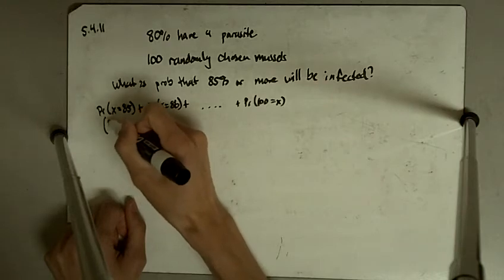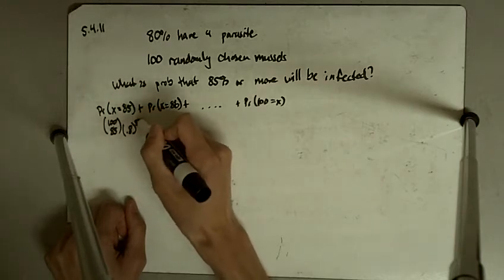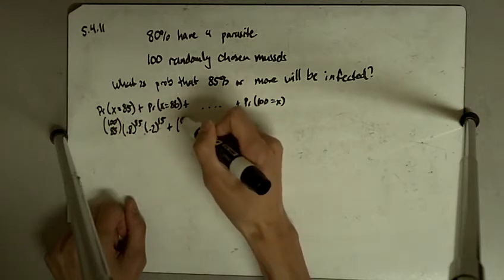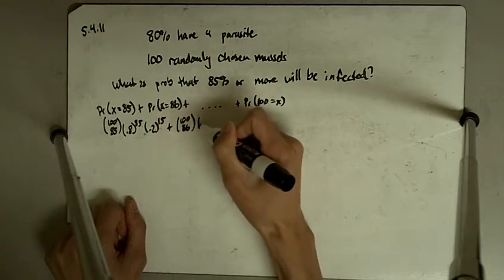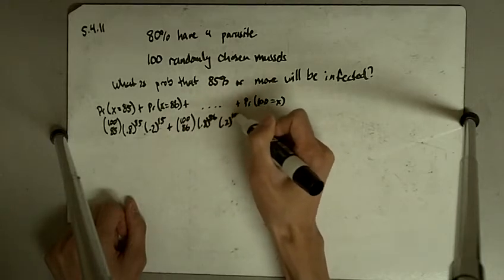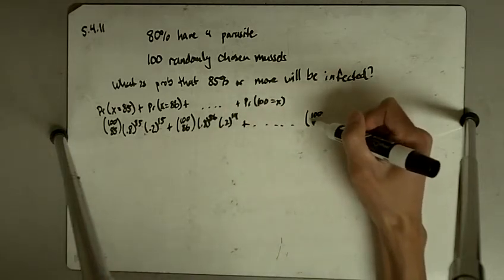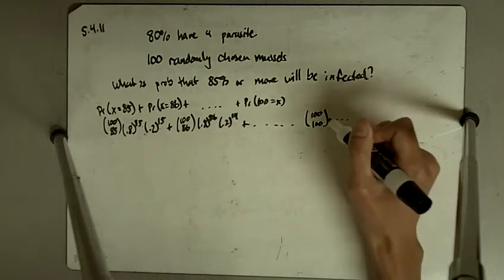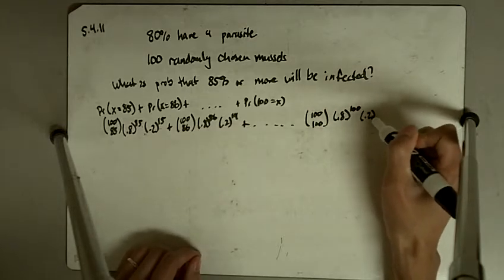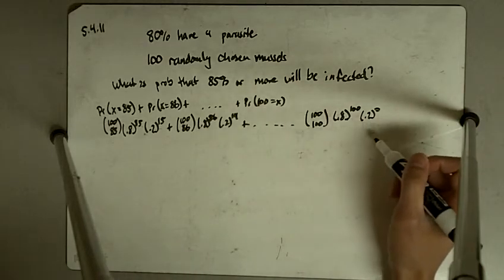And this would be 100 choose 85, 0.8 to the 85 times 0.2 to the 15, plus 100 choose 86 times 0.8 to the 86 times 0.2 to the 14, and so on, all the way up to 100 choose 100, 0.8 to the 100, 0.2 to the 0. This would be very tedious for us to do.